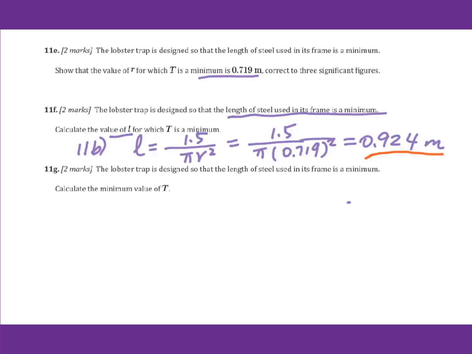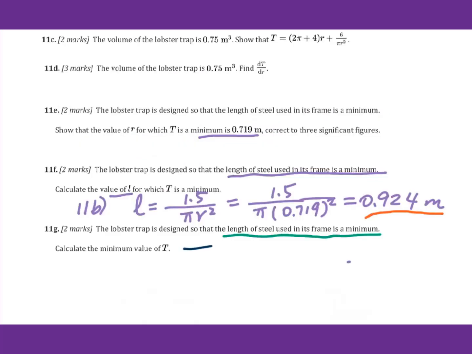For 11G, the lobster trap is designed so that the length of steel used in its frame is a minimum. Calculate the minimum value of T. We know T equals 2 pi plus 4 r plus 6 over pi r squared.